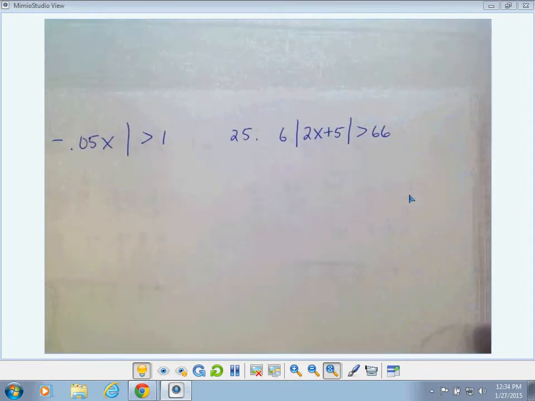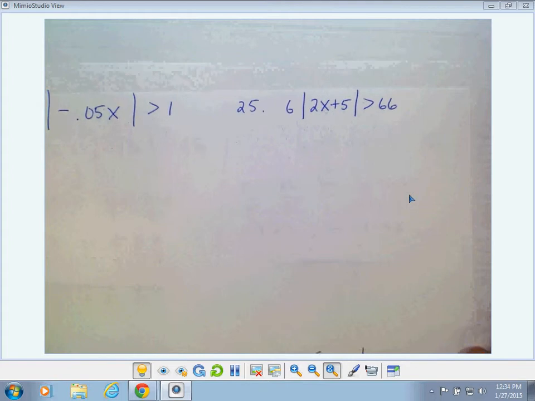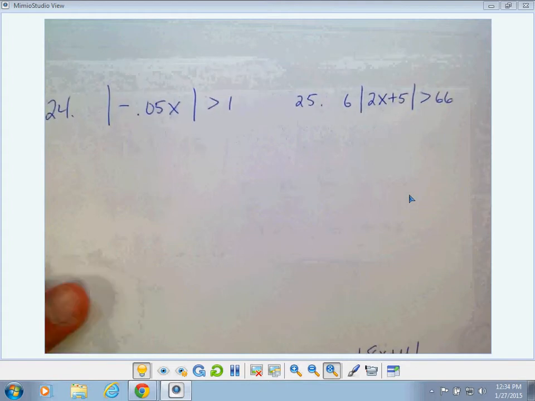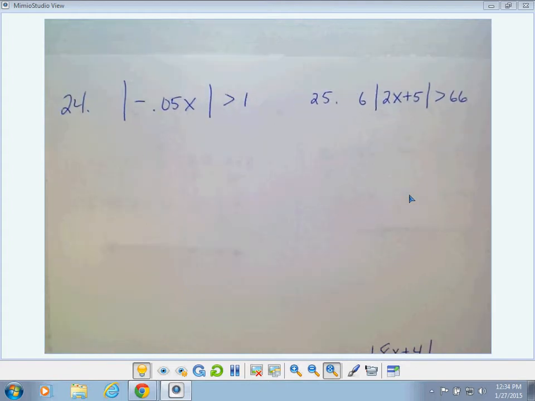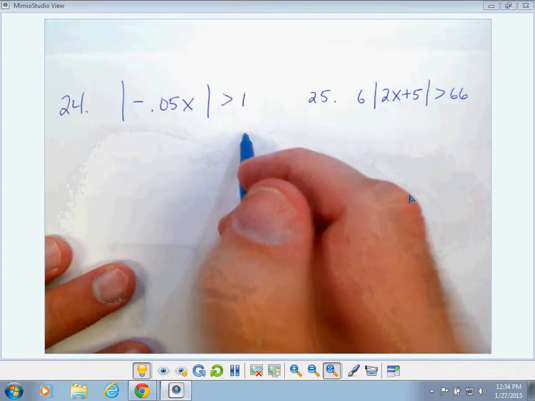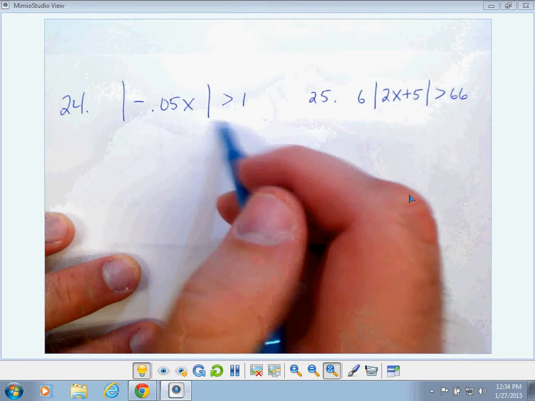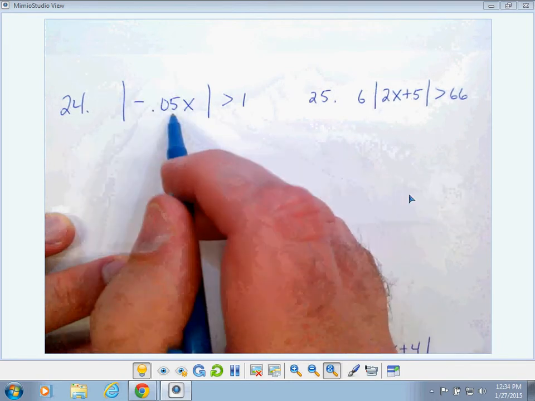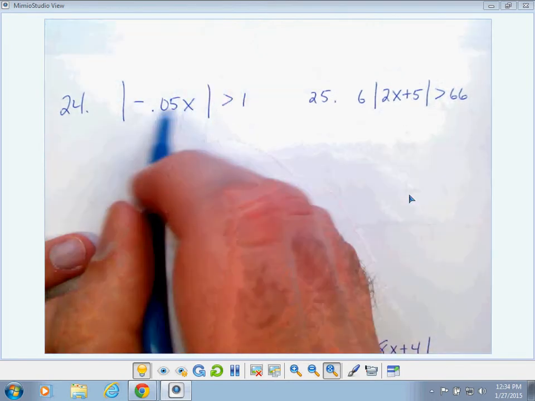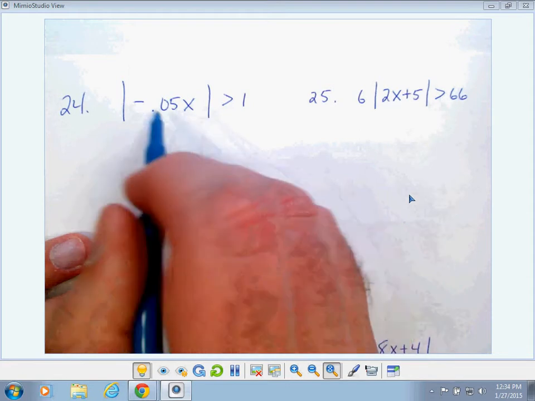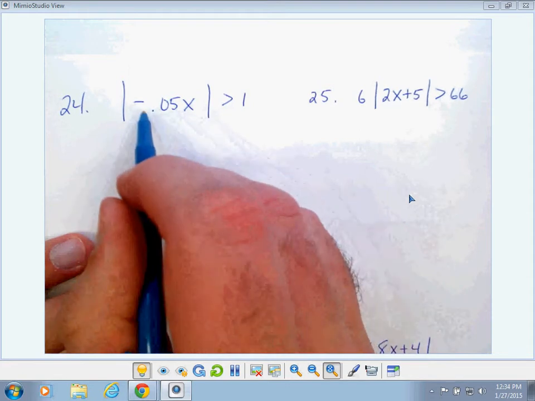Okay, let's keep going. We'll go on to number 24. Number 24 looks pretty simple, but I can see some potential for a mistake for some people, so let's make sure that we clear up any questions here. Again, everything is in the absolute value, so we're ready to split it. Some people will tend to try to turn that to a positive, but you don't want to do that.